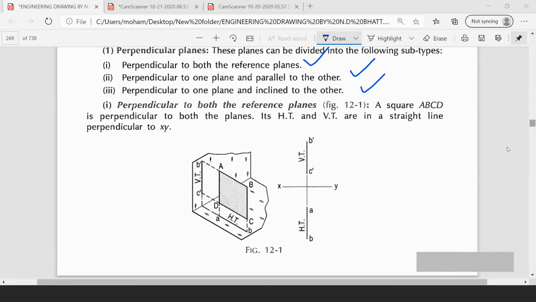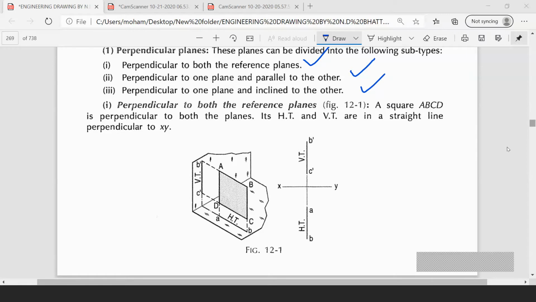When it is parallel to VP and perpendicular to HP, in the VP you have a square. The front view will be the square, and when I am projecting downwards on the HP, the top view will be the line.